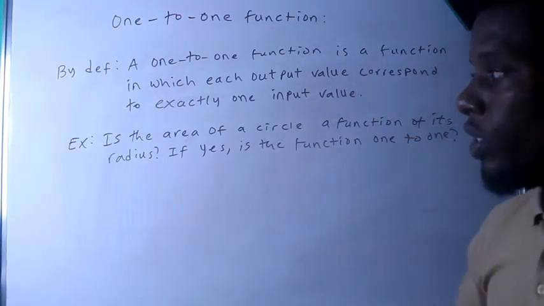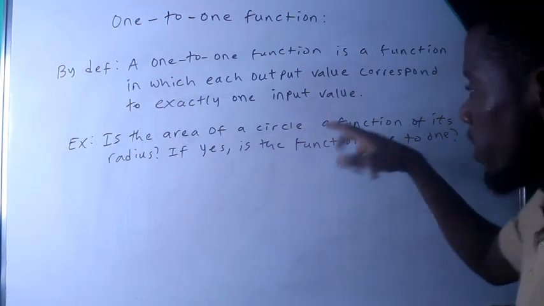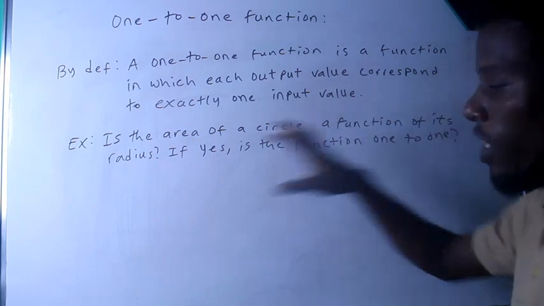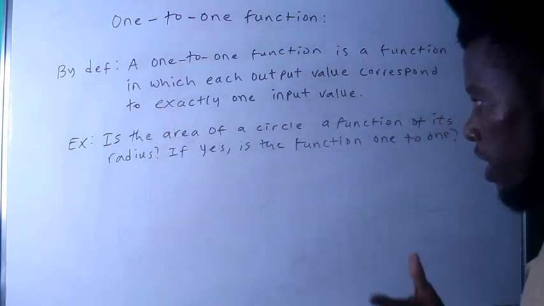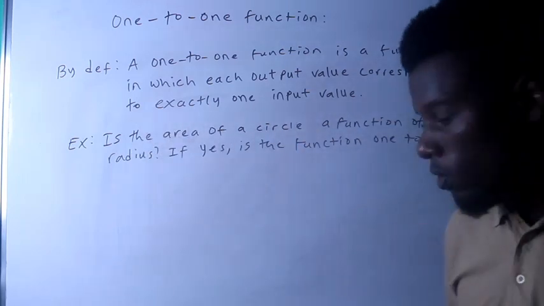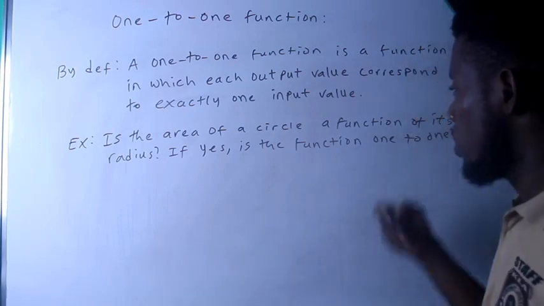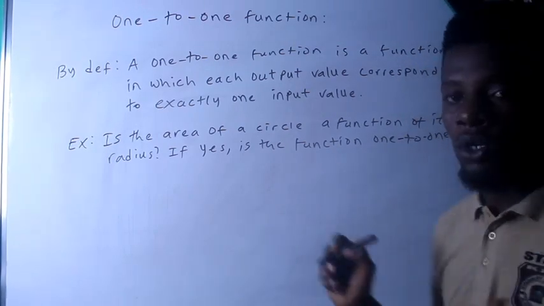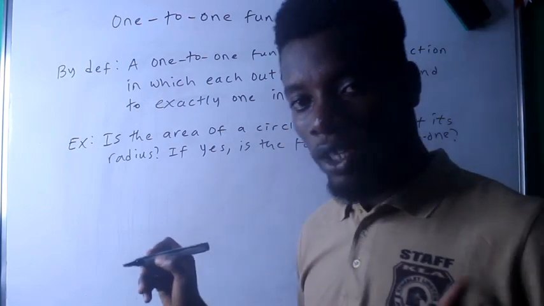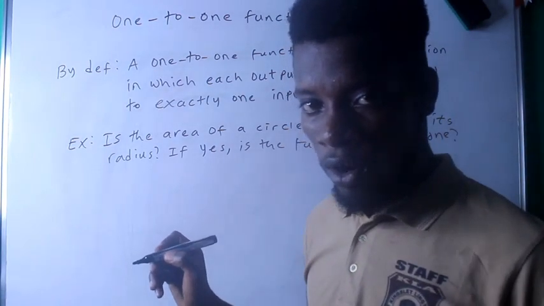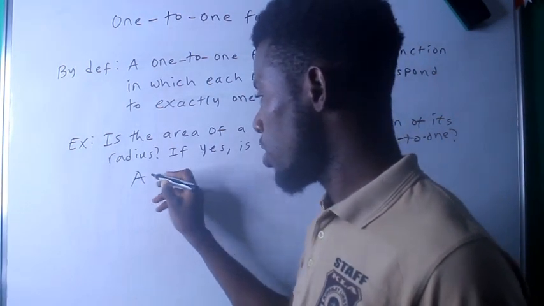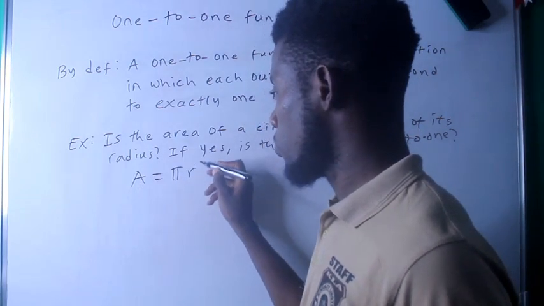So for our example, we have: is the area of a circle a function of its radius? If yes, is the function one-to-one? Let's determine whether the area of a circle is a function of its radius. What is the formula for finding the area of a circle? That's A equals pi r squared.